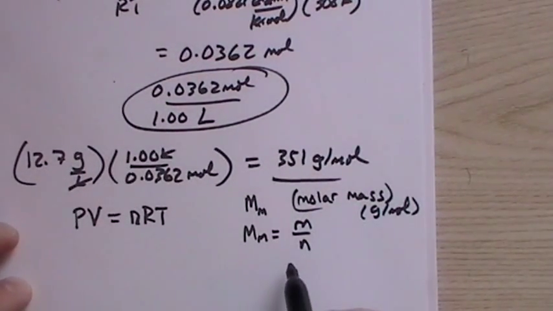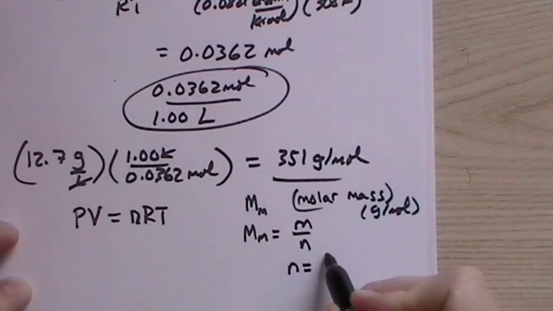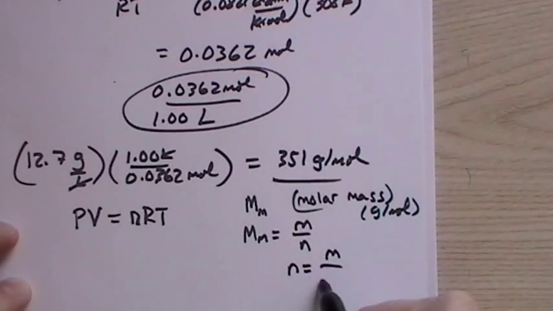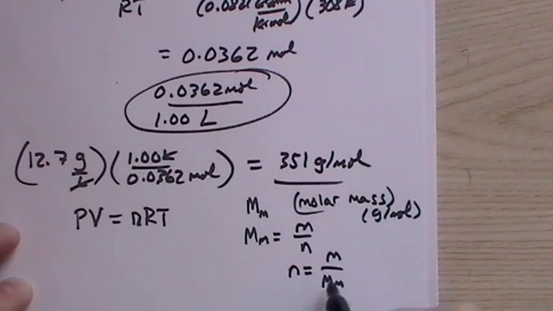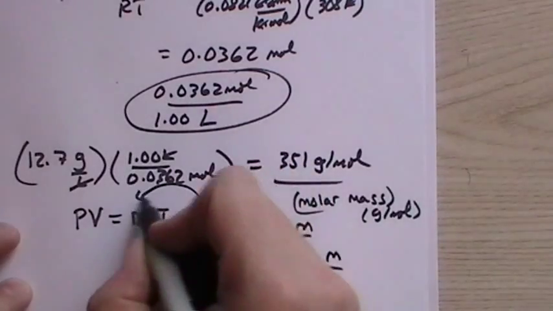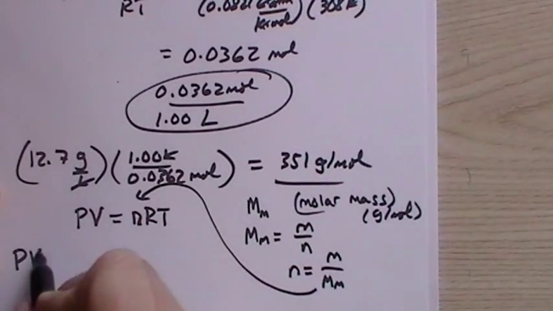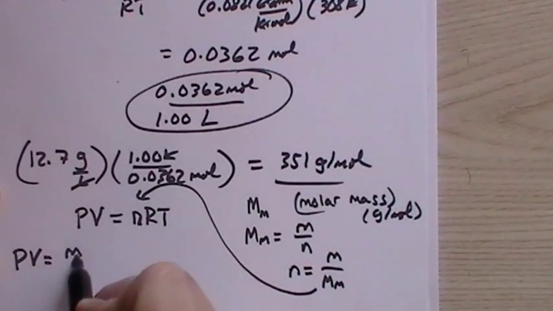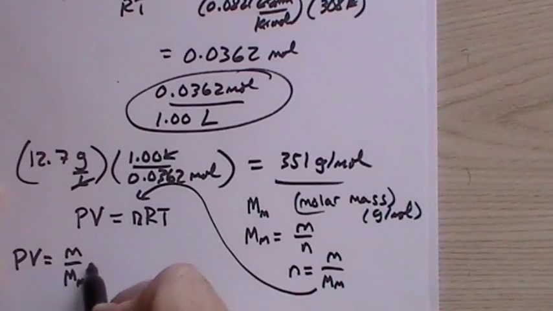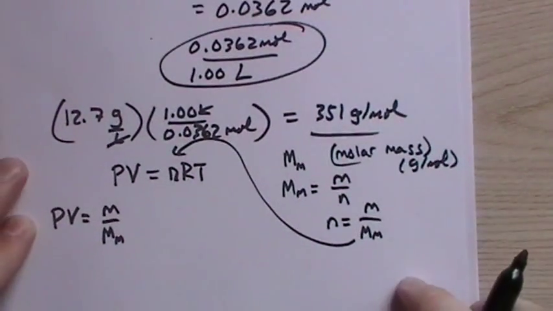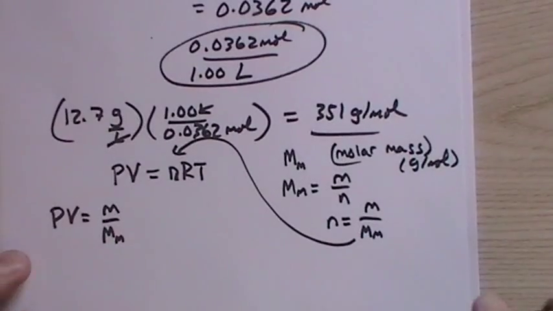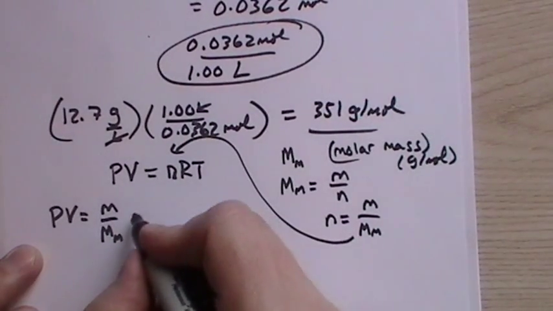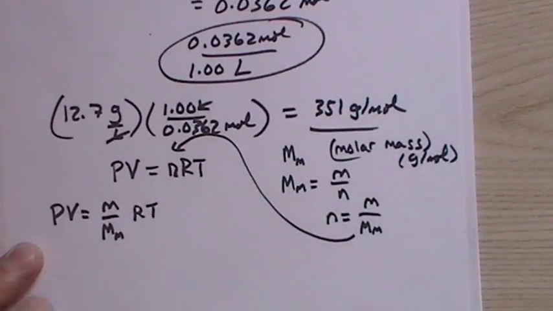If we solve for n, bring that over, then grams over molar mass will be equal to the number of moles. We plug this in. We have PV equals m over the molar mass times RT. And don't think of that subscript as a different variable. That's just how they denote it in your book.